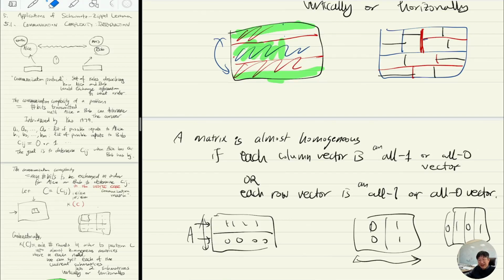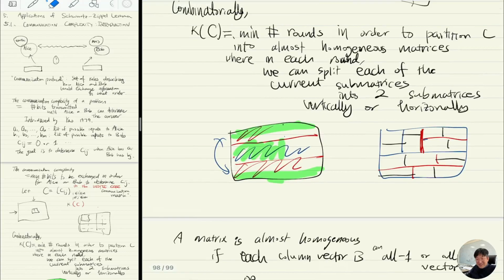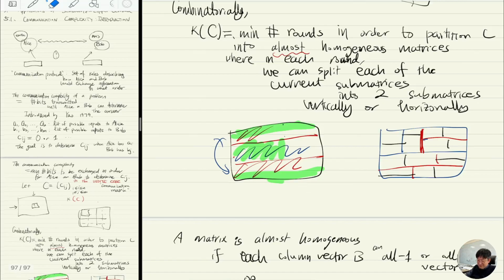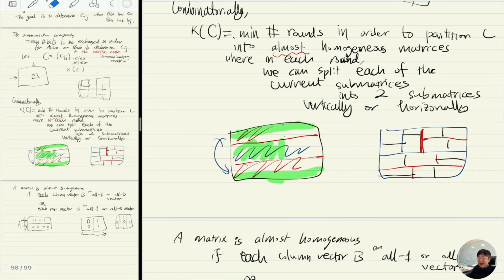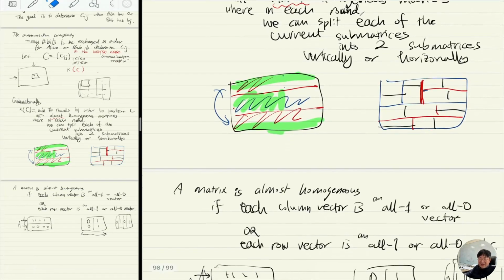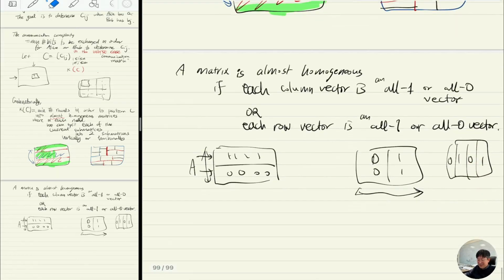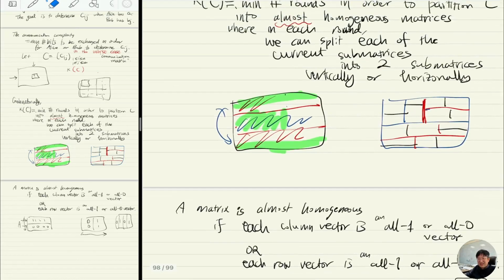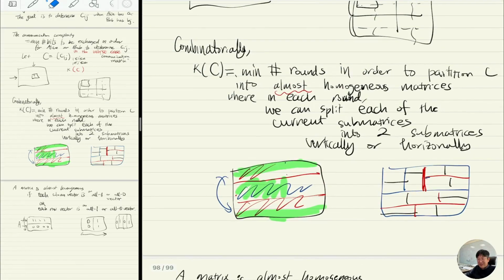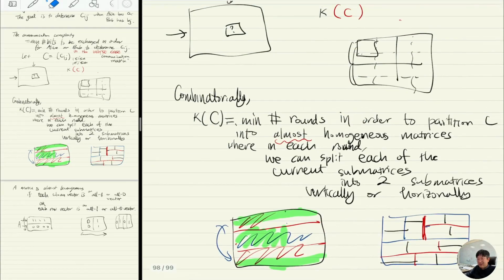So you don't need any extra communication. That's why instead of partitioning all the way to homogeneous matrices, we partition only to almost homogeneous matrices. And that's exactly the same as the communication complexity. So this is the combinatorial description of the communication complexity given with the matrix.